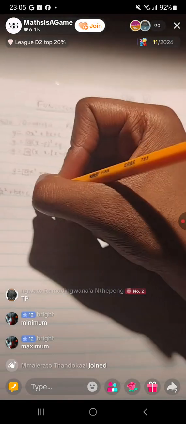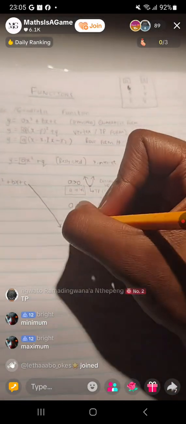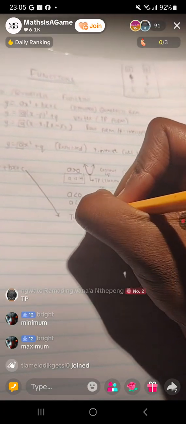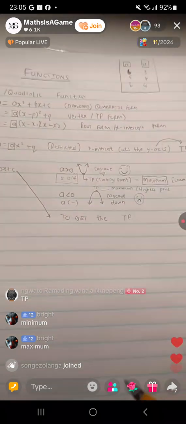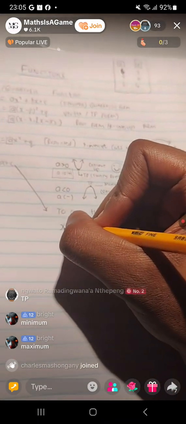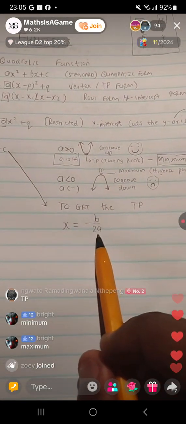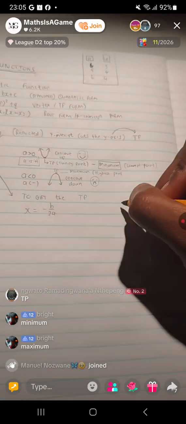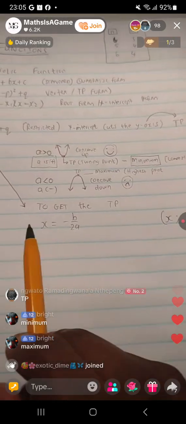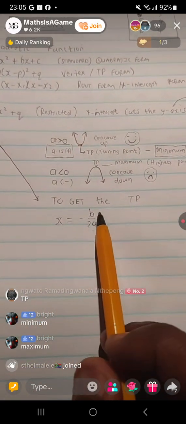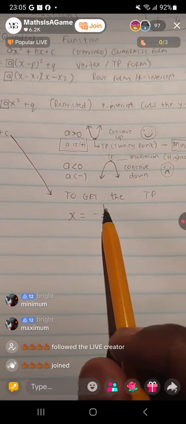Now, when our function is in this form, to get the turning point, there is a formula that we use. Firstly, if you want to get the x-coordinate of the turning point, you are going to use this formula: x is equal to minus b over 2a.